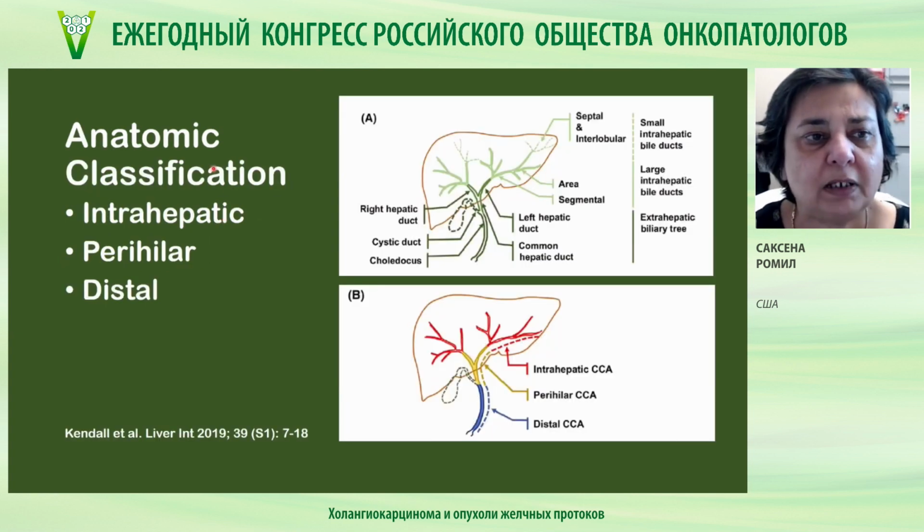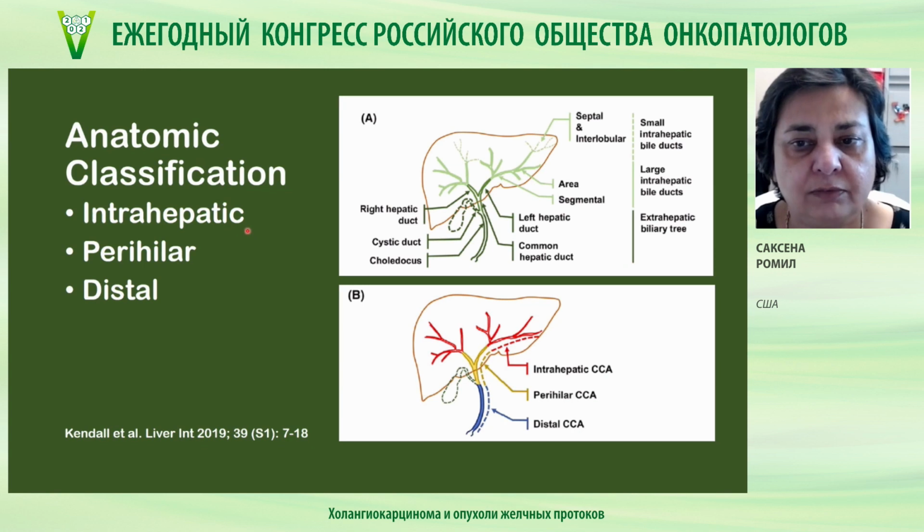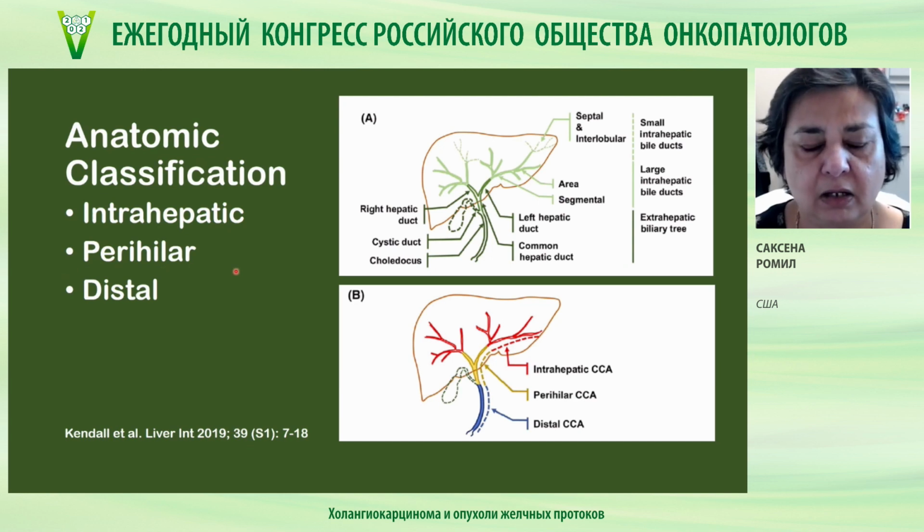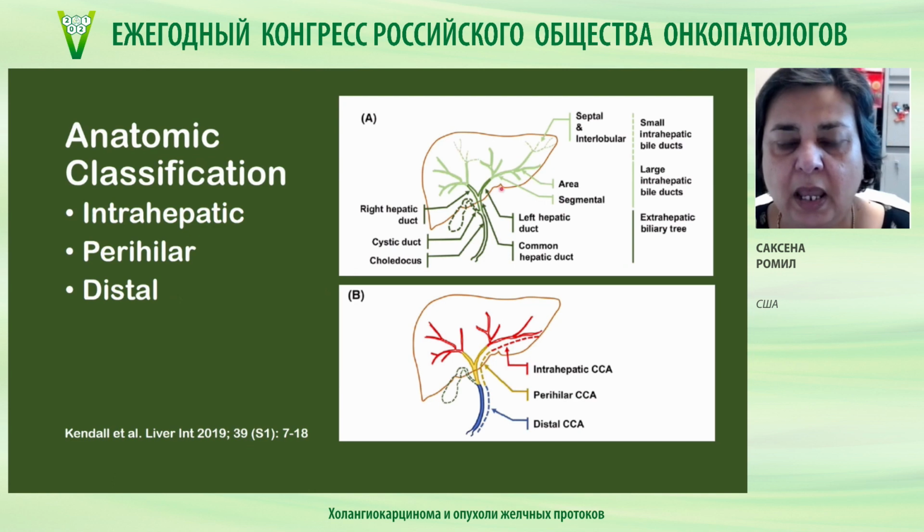So the anatomic classification divides cholangiocarcinomas as intrahepatic cholangiocarcinomas, perihilar cholangiocarcinomas, and distal cholangiocarcinomas. And these two diagrams show you the difference between the three.